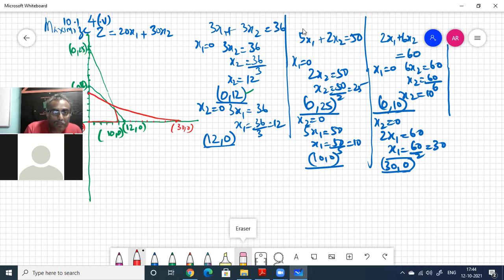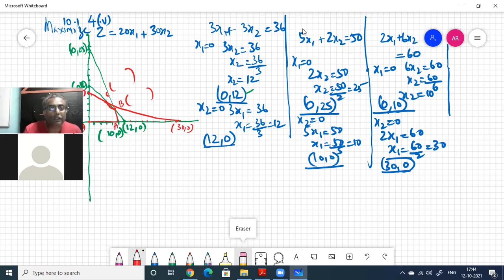I think this way you have to go, then this way, then that way. So this point you have to find out, this point, that point. So this 10, 0 becomes A. Then you have to find B, what is B? Then you have to find C, what is C? Then D is already 0, 10. Of this you have to maximize Z.